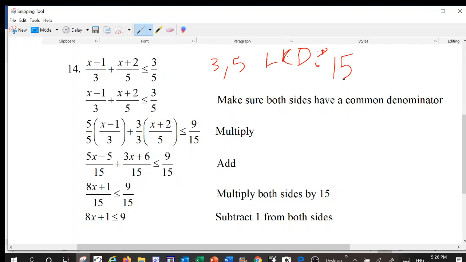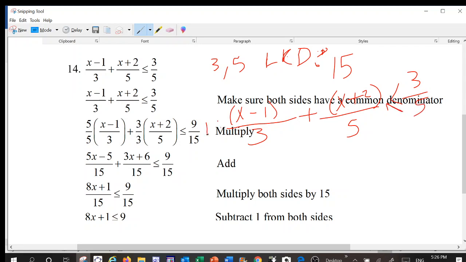So let me simplify it right here. So x minus 1 divided by 3 plus x plus 2 divided by 5 is less than or equal to 3 over 5, right? Now if I multiply this by 15 and multiply that fraction by 15 and multiply this fraction by 15, what do I get?